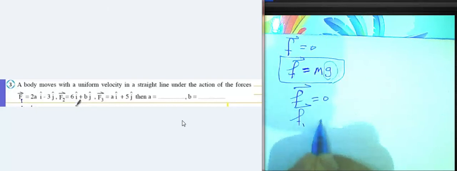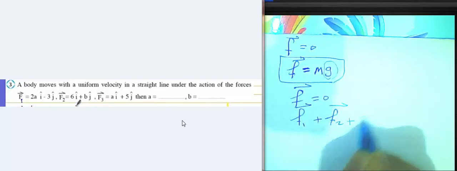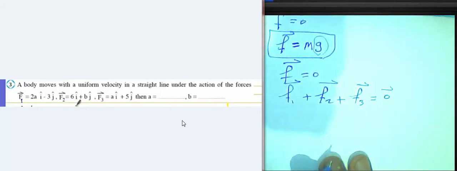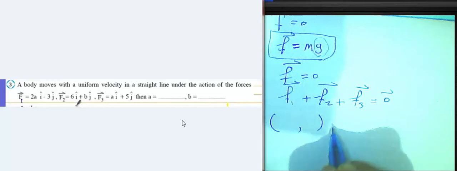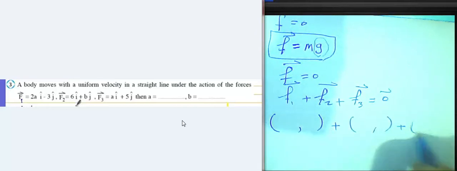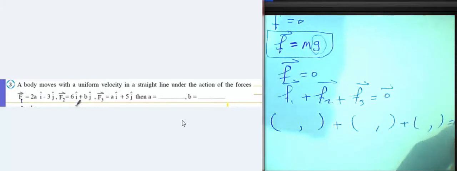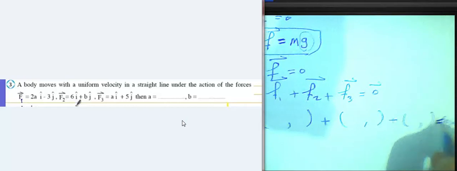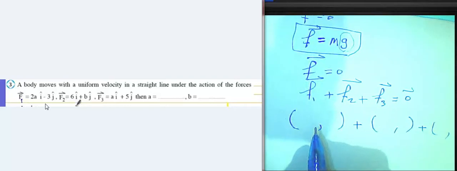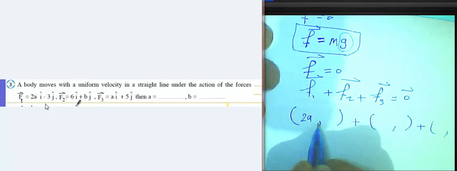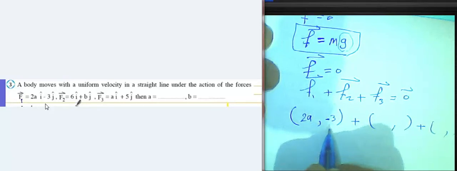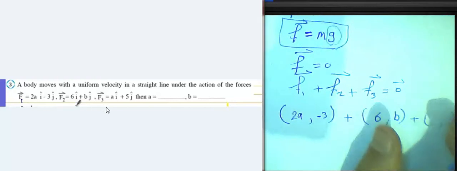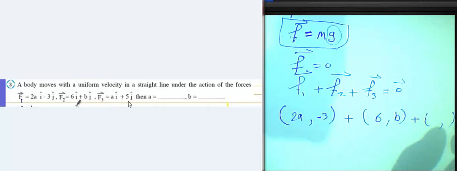Then F1 plus F2 plus the vector F3 equals 0. We add the i projections together and the j projections together, and the result equals 0. We know F1 equals 2a in direction i and negative 3 in direction j, and F2 is 6 and b, and F3 is a for direction i plus 5 for direction j.